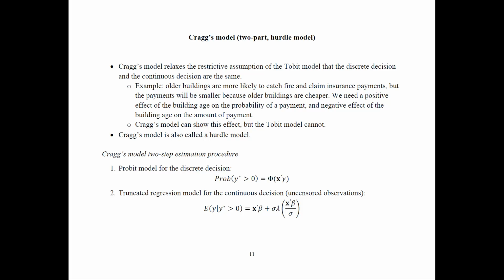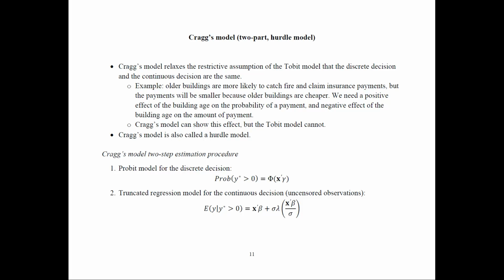Craig's model relaxes the restrictive assumption of the Tobit model that the discrete decision and the continuous decision are the same. So here I have an example where older buildings are more likely to catch fire and claim insurance payments, but the payments will be smaller because the buildings are cheaper.